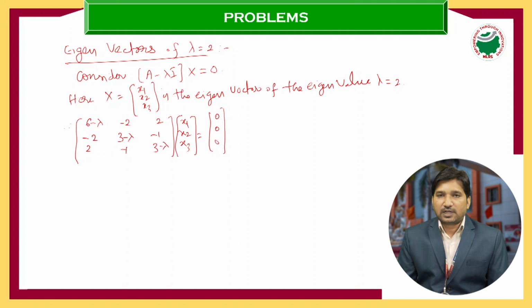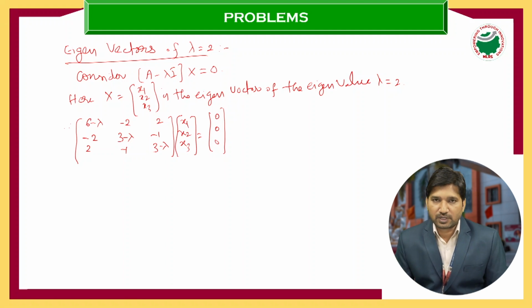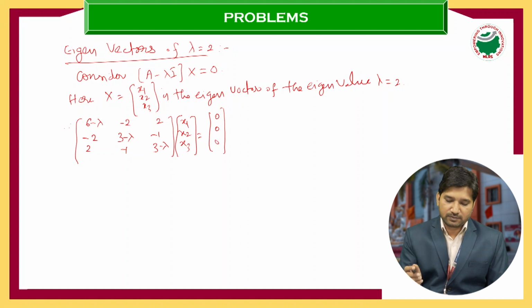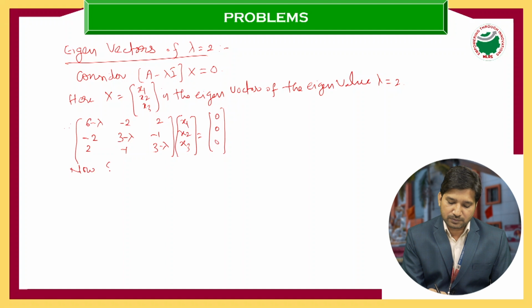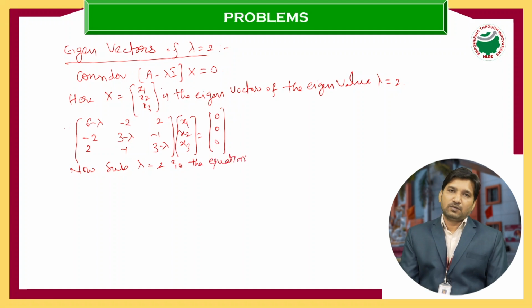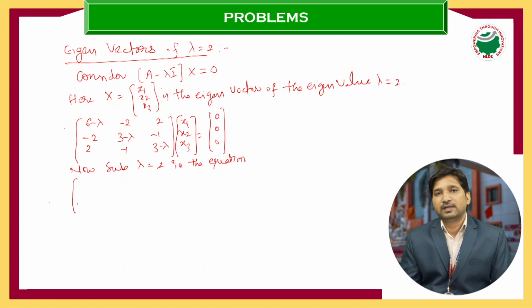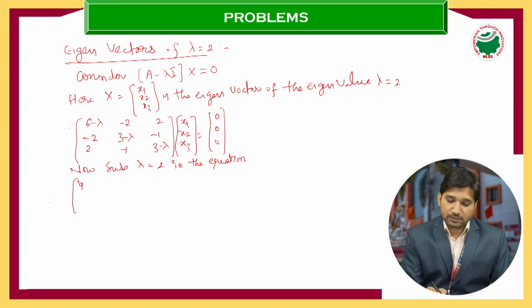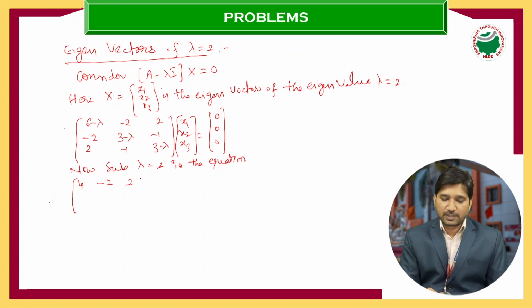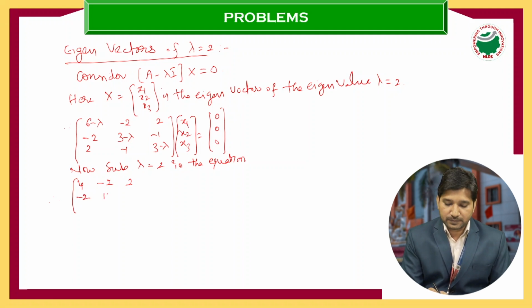Now substitute lambda equal to 2 in the above system, and we will get the eigenvectors of the given eigenvalue. Substituting lambda equal to 2, we can write 6 minus 2 is 4, minus 2, 2; second row is minus 2, 3 minus 2 is 1, minus 1; and 2, minus 1, 3 minus 2 is 1.